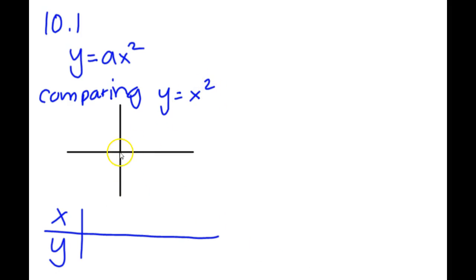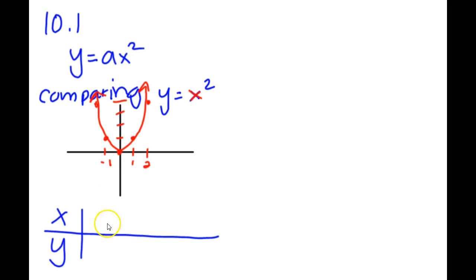So x squared, if we graph that, if you plug in 0, 0 squared is 0. If you plug in a 1, 1 squared is 1. And if I plug in a 2, 2 squared is 4, in for x. Same thing would happen on the other side if I plugged in a negative 1, because negative 1 times negative 1 is a positive 1. And this would be our parabola.